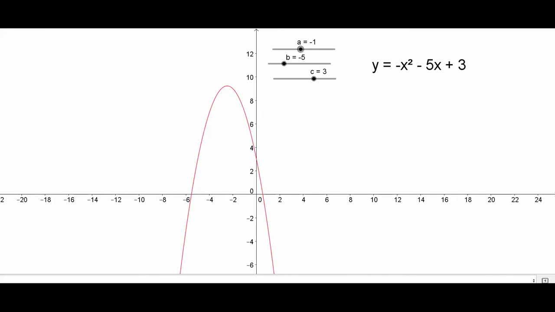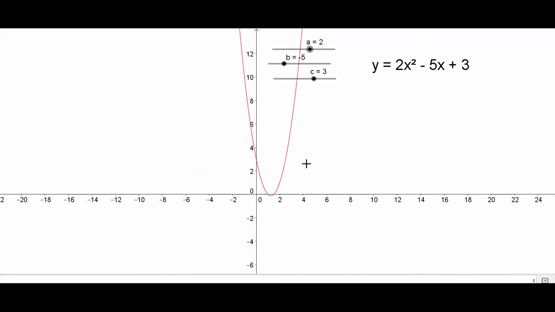The value of c, if I change that, well, that is the value where it intercepts the y-axis. So you can see here, c is 6, and this is the point it crosses the y-axis, where y equals 6.